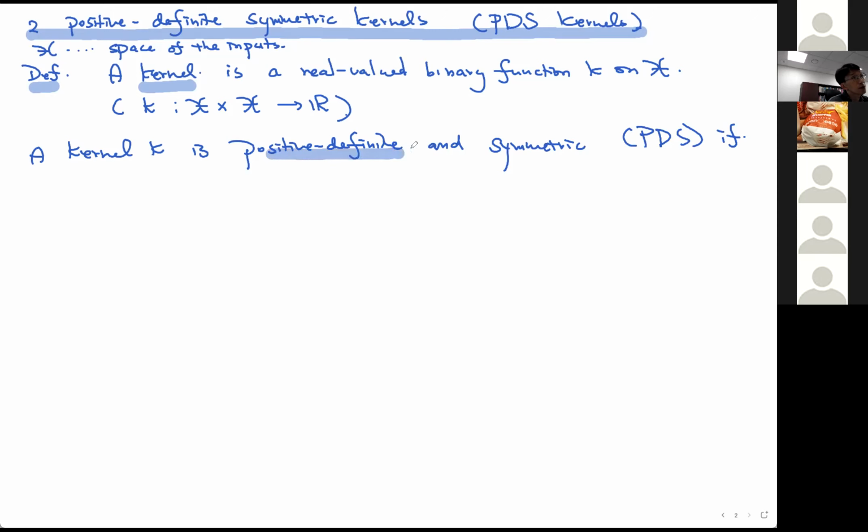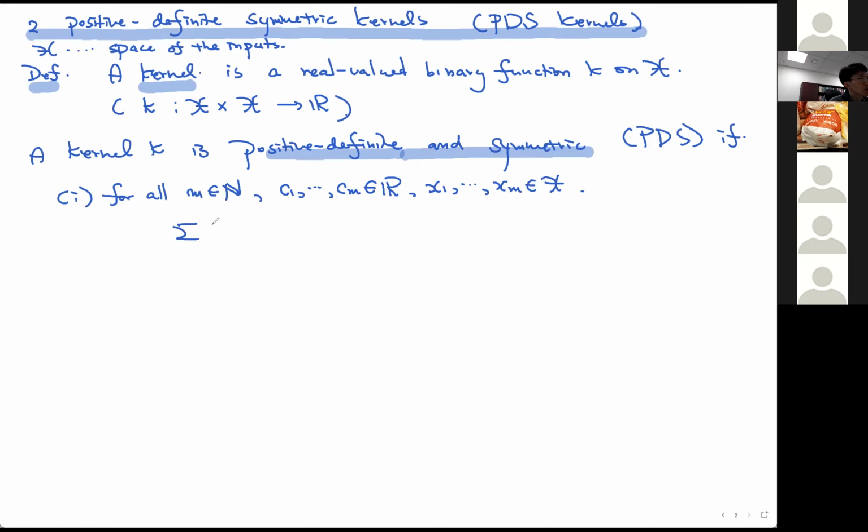The first property is that for all natural numbers m, and for all real numbers c_1 up to c_m and inputs x_1 up to x_m, if you compute the sum of c_i c_j, summing over all i, j from 1 to m, of K(x_i, x_j), it has to be greater than or equal to 0.